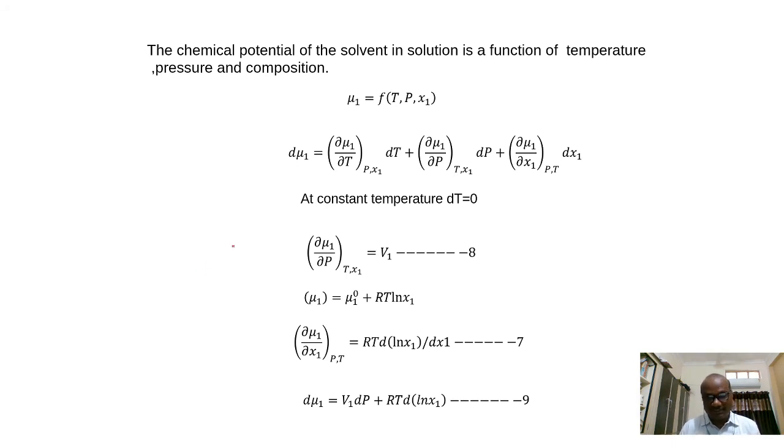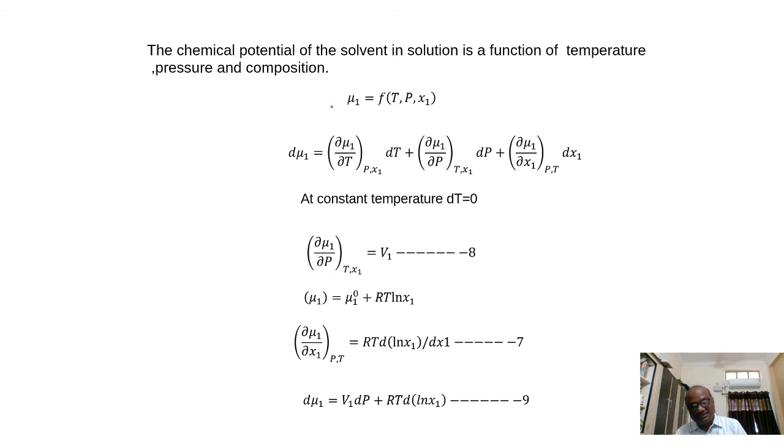We are deriving the relationship between the osmotic pressure and concentration of solution with the help of the concept of chemical potential. So the chemical potential of the solvent of a solution is a function of temperature, pressure and composition.